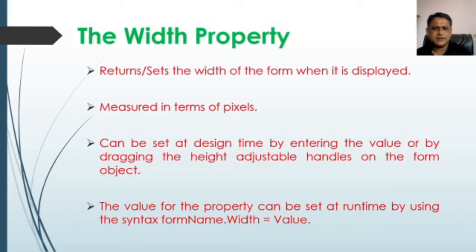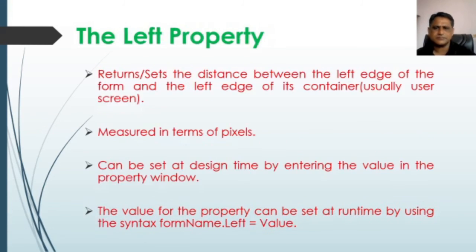The value of the property can also be set at runtime, by using the syntax form name dot width equals value. The left property. This property returns or sets the distance between the left edge of the form and the left edge of its container. That is, where exactly it is displayed.